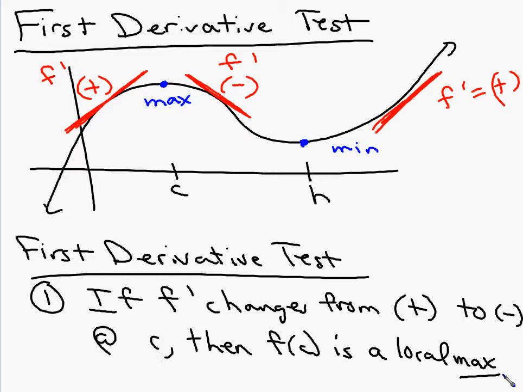If the value of the derivative changes from a positive value to a negative value at c, then f of c is a local maximum.